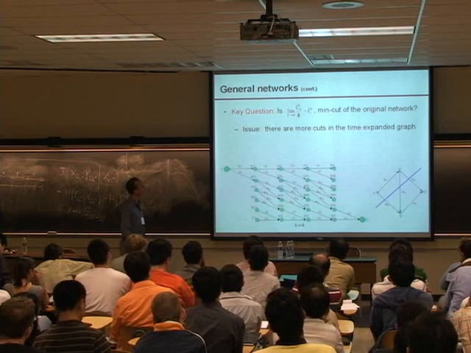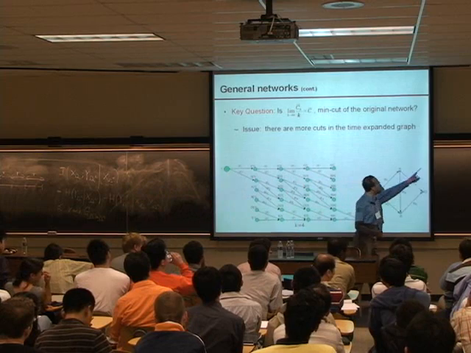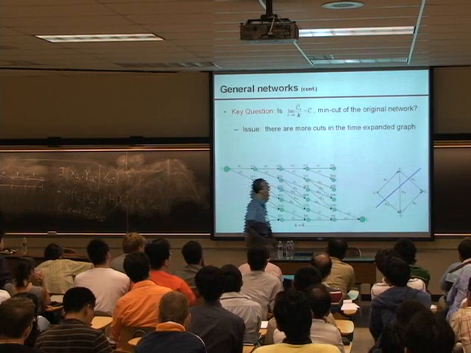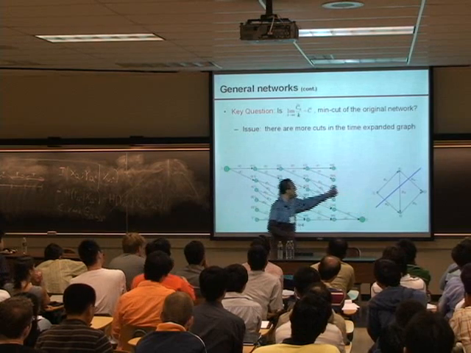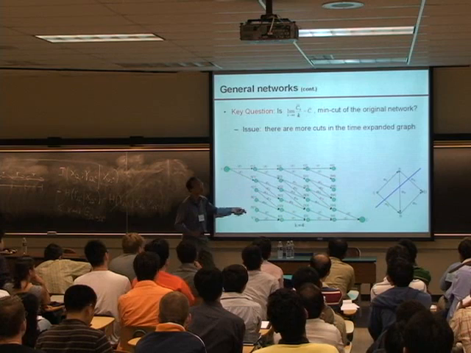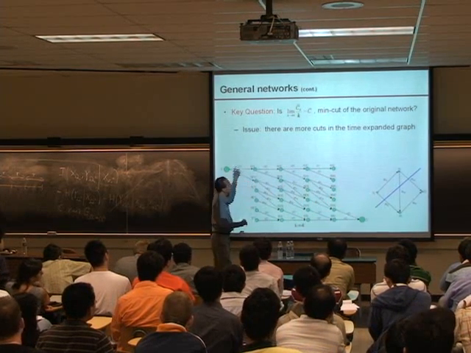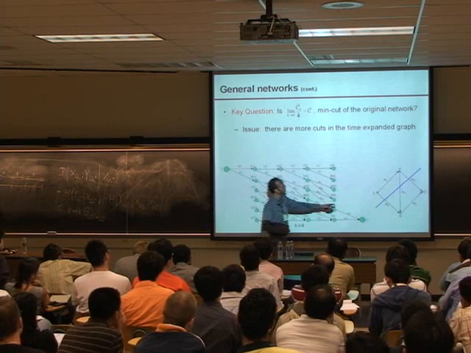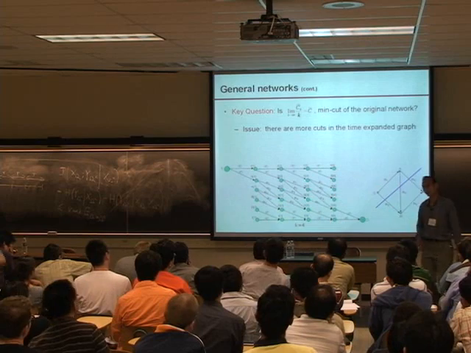If you look at this network, this is an example cut of this network. Can anyone tell me, I claim that there is a cut on this network, across the source and destination, splitting the source and destination, which corresponds to this cut. Can anyone tell me which cut that is? Yes.